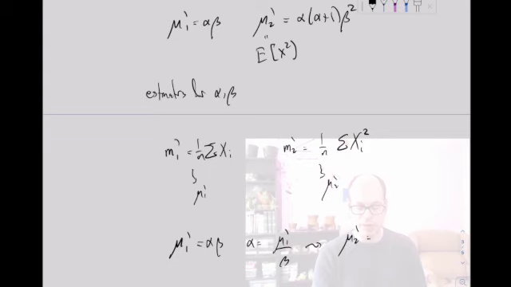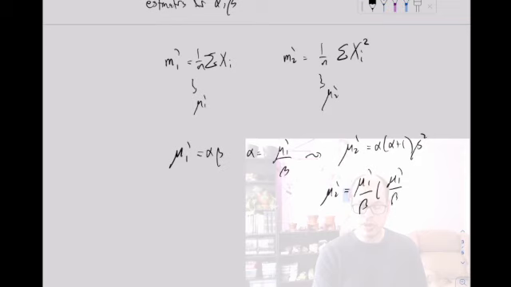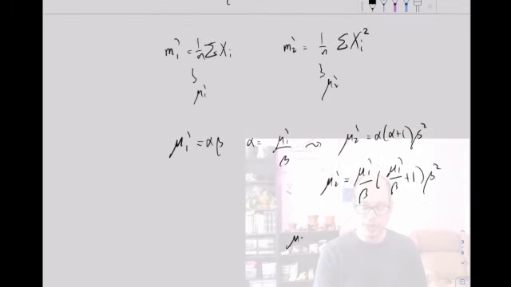So I get mu2 prime is alpha plus 1 times beta squared. Now let me substitute in for alpha. I get mu2 prime is mu1 prime over beta plus 1, times beta squared. Now let me simplify that a little bit. So what do we got?